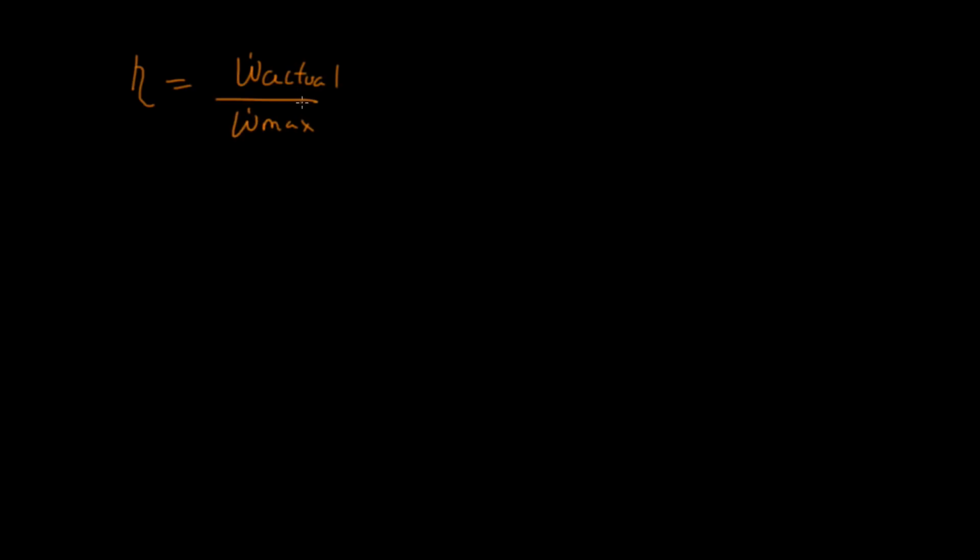What this is saying is how much power or how much work am I getting out of my system compared to how much work I should theoretically get out of my system if there were no losses or anything like that. So let me just rewrite this really quick. Work of our turbine actual. I'm doing this because we're working with a turbine. Work of our turbine at its theoretical maximum. This is what we need to get.